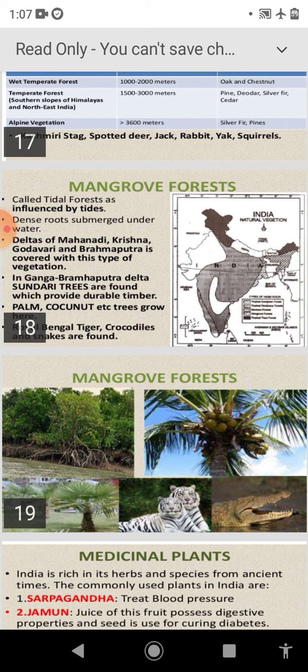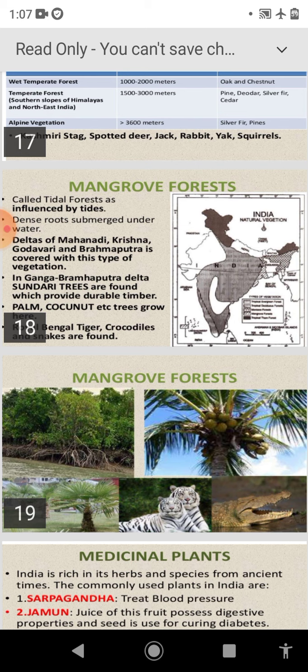The most important tree in the mangrove forest is the Sundari tree, after which the Sundarbans are named. The tree provides hard, durable, and strong wood which is used for building boats and boxes.